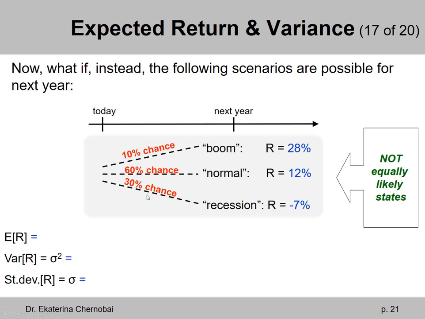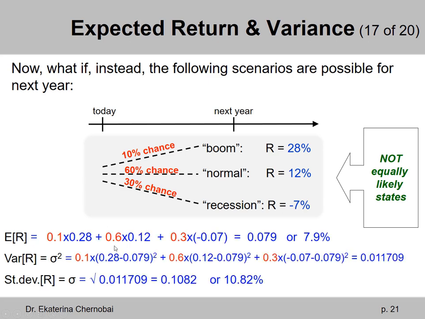So the three probabilities are given and the returns are given. If you do the math, then the only thing that will be different is what I'm highlighting in the red color, the probabilities. We will no longer have 0.333 for the expected return and for the variance formulas.